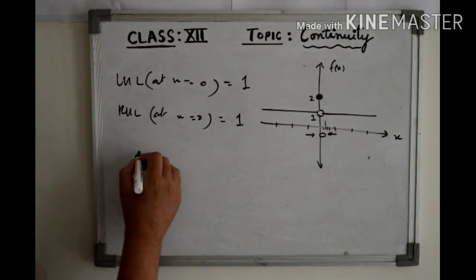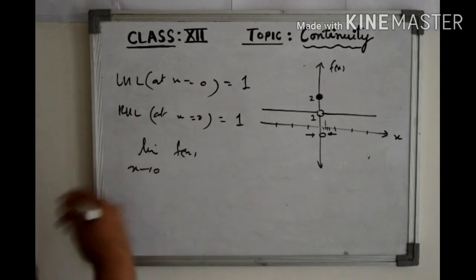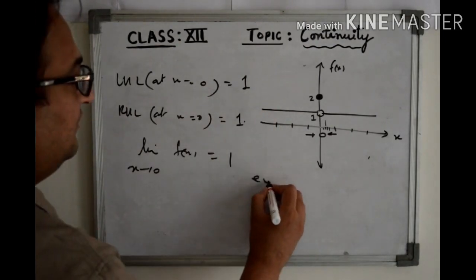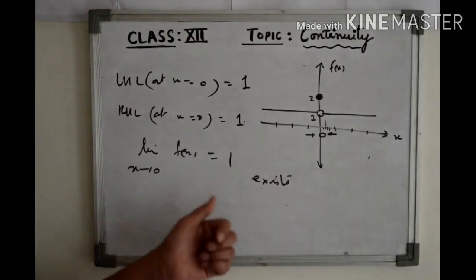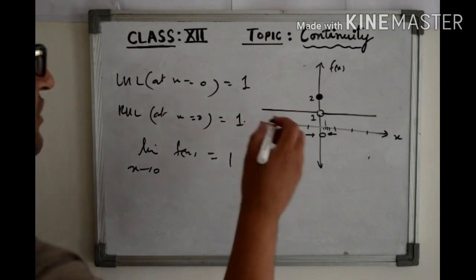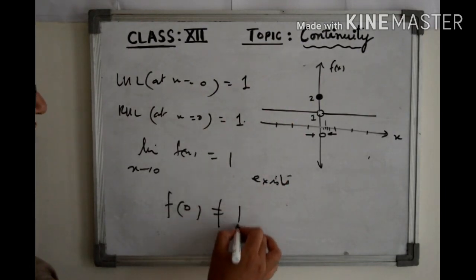Here we have the limit of this function when x approaches 0 from either side the same, and we say the limit exists. This limit exists, it is 1, but still the function is not continuous at x equal to 0 because the value of the function at 0 is not equal to 1.